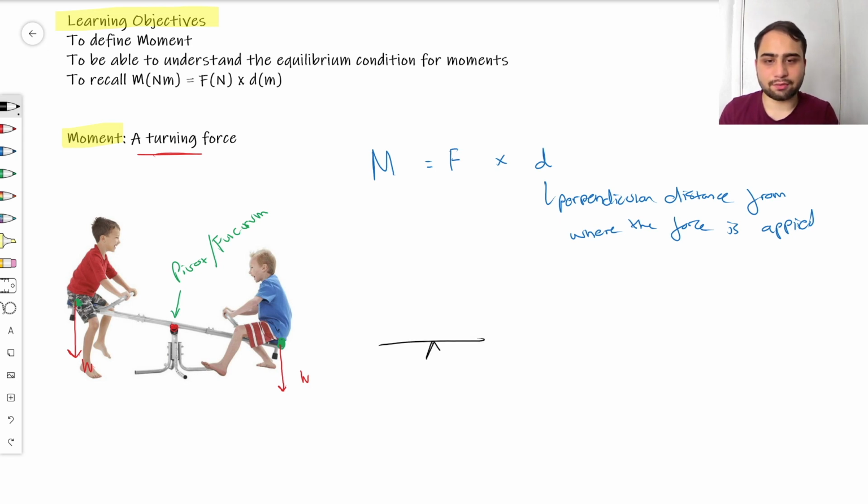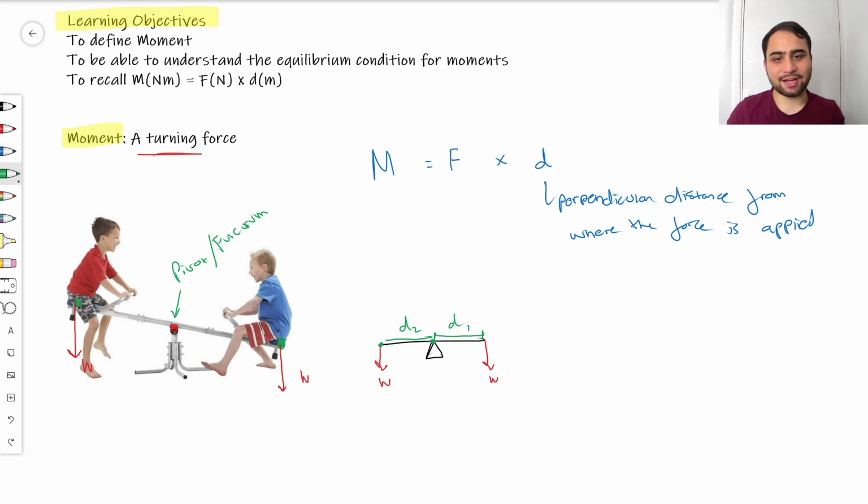So I have it like that, and then I have my weight here, and I have my weight here. Now, the distance is this distance here, the perpendicular distance from the pivot to the force applied. So that is my D1, and that is my D2 for second distance.